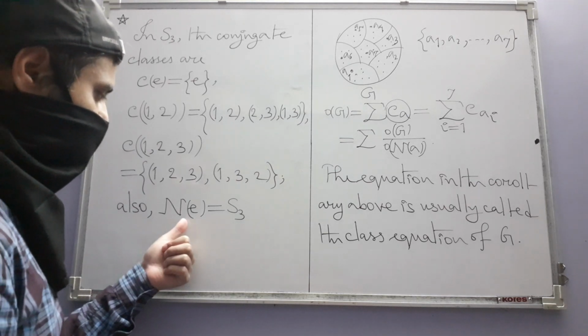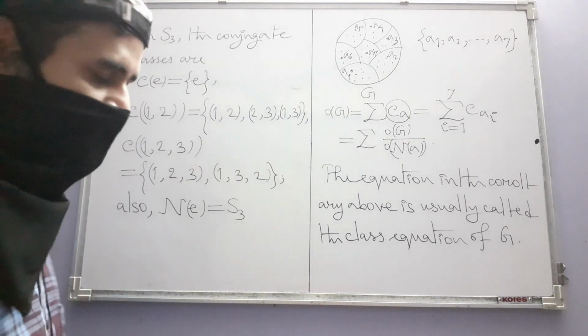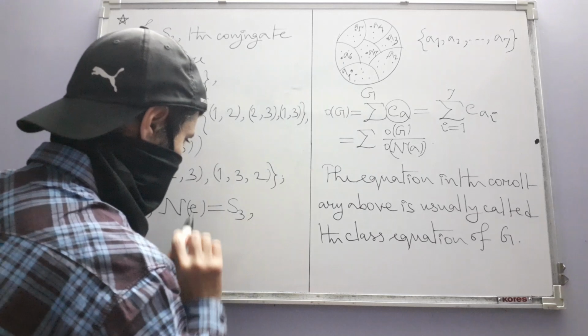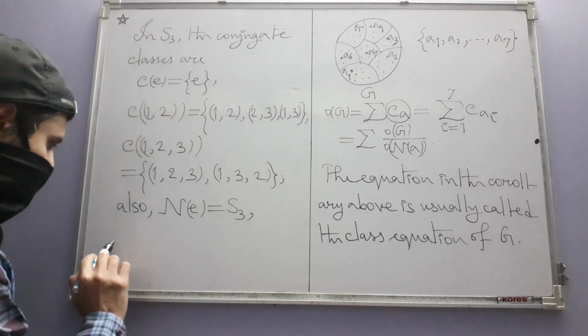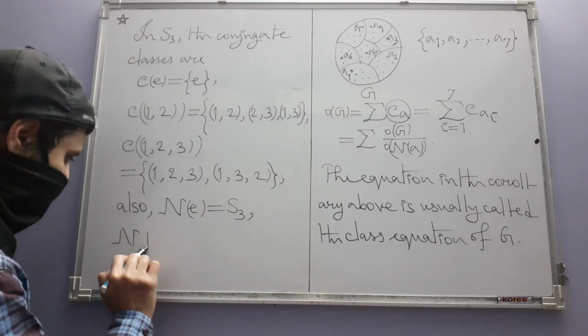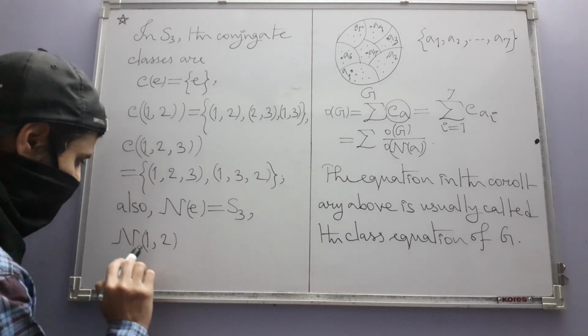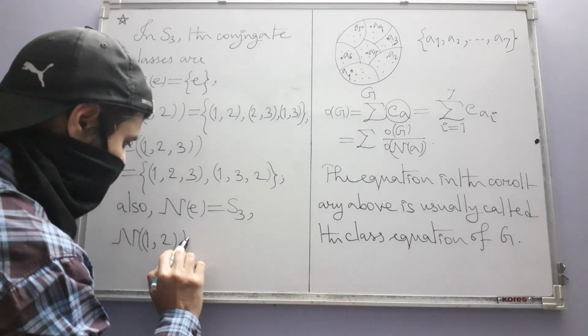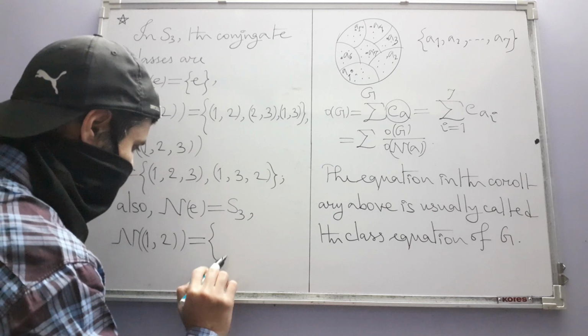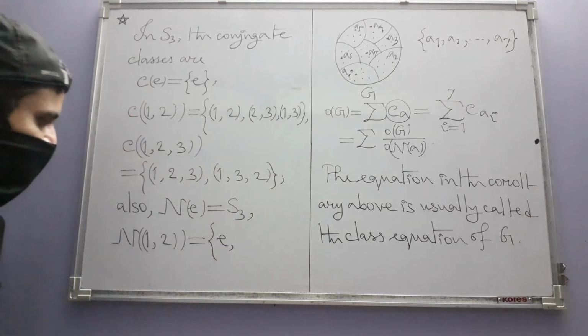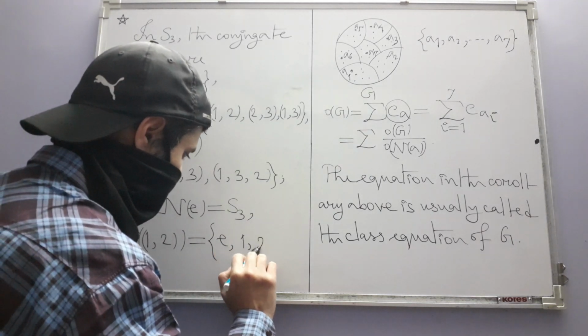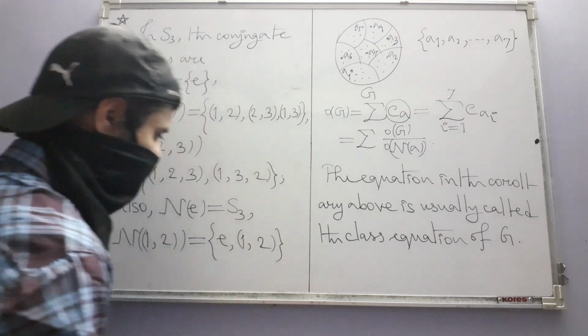In fact, this is the case in any group. Then the normalizer of the element (1 2), it turns out it has the identity element and (1 2), and that's it.